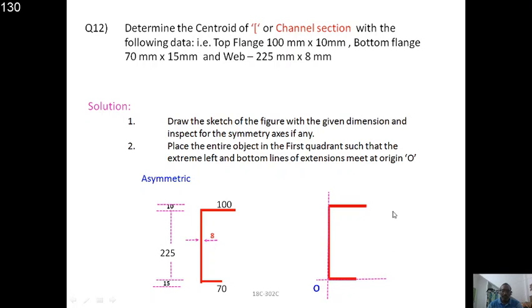Then the same procedure. Because it is asymmetric about both the axes, there is no symmetrical axis available along the x-axis and y-axis. So calculate the x1, x2, x3 and y1, y2, y3 and obtain the ax and ay products, that is qx and qy.